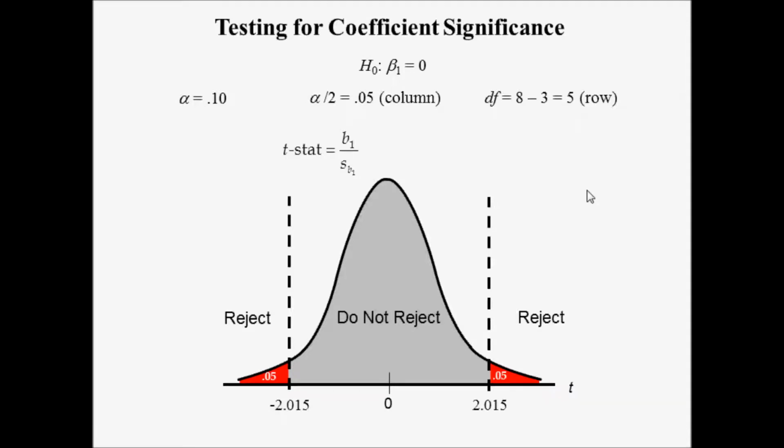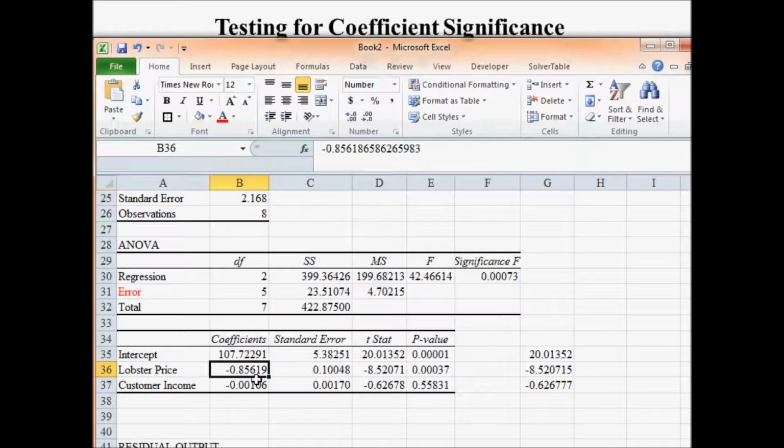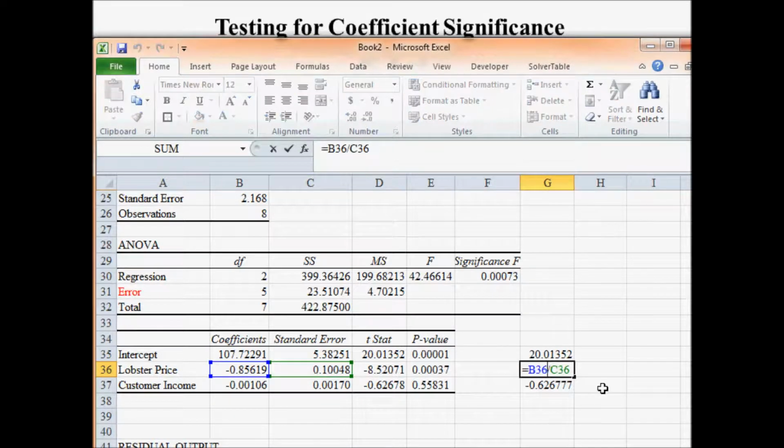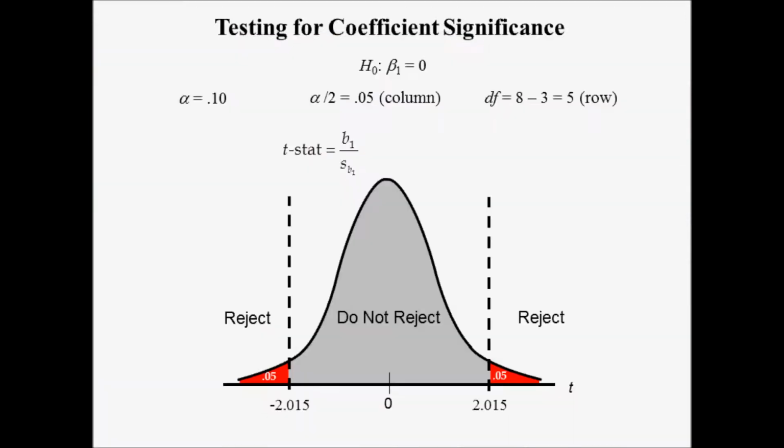Now the t-stat, recall, is the estimated coefficient, B1, which estimates beta 1, and its standard error. In our table, B1 was that, and our standard error was 0.10048, and their ratio was the t-stat negative 0.852071, which is what I got here. Now, because negative 0.8521 is in the lower tail, the null hypothesis for beta 1 is rejected at 10% significance.